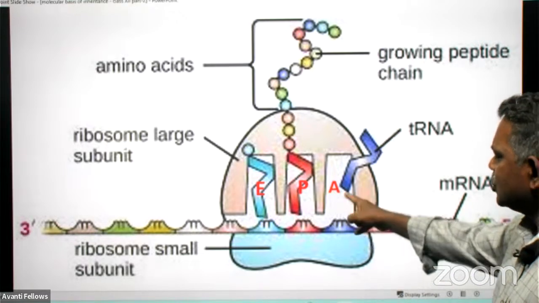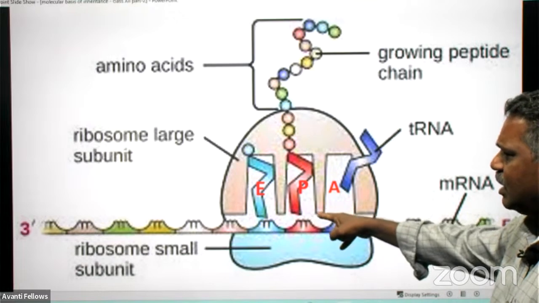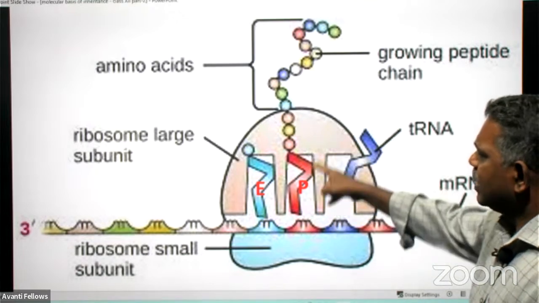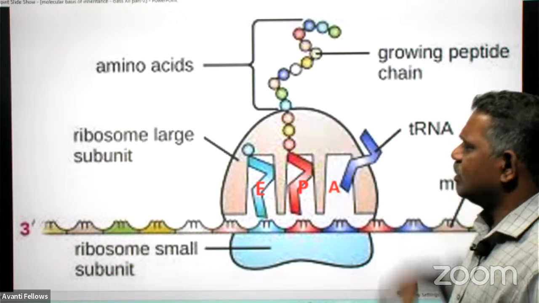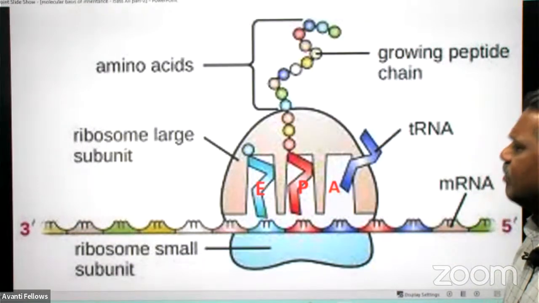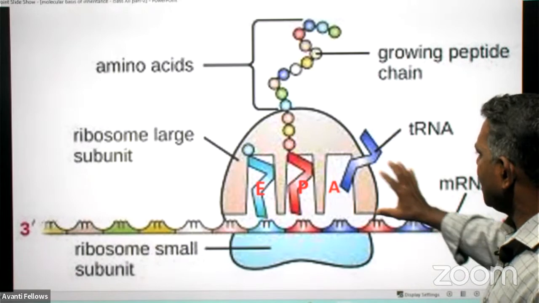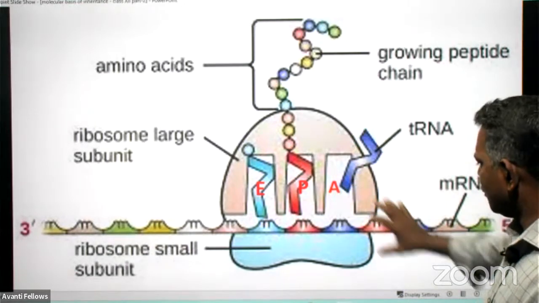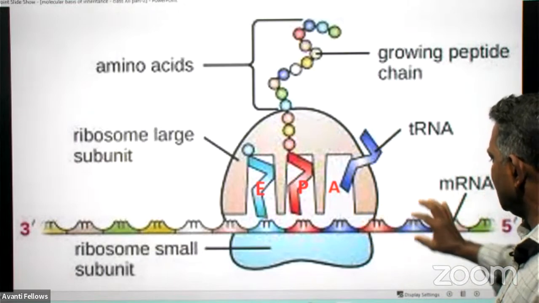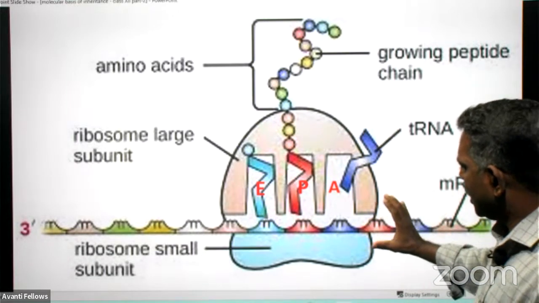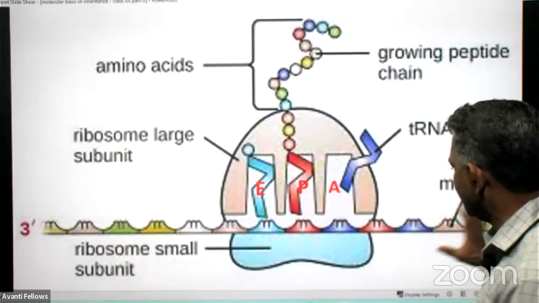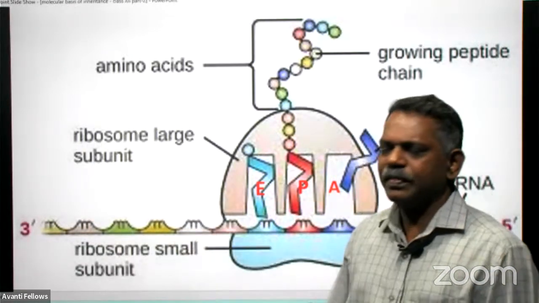In this junction, we can find the rRNA, and this rRNA only makes the peptide bond between these amino acids, after keeping the amino acid according to the triplet codon given in the mRNA. Normally the ribosome slowly moves in this direction from 5' to 3' direction.